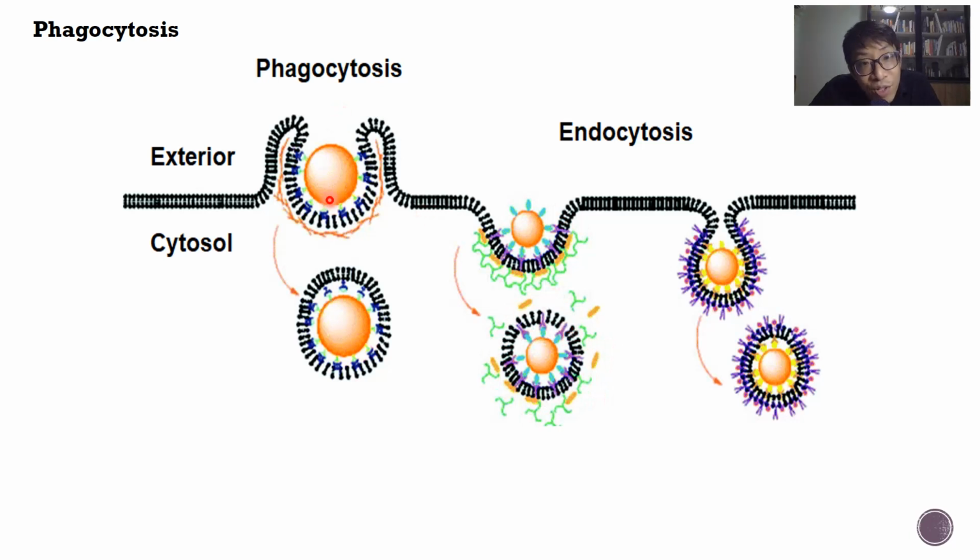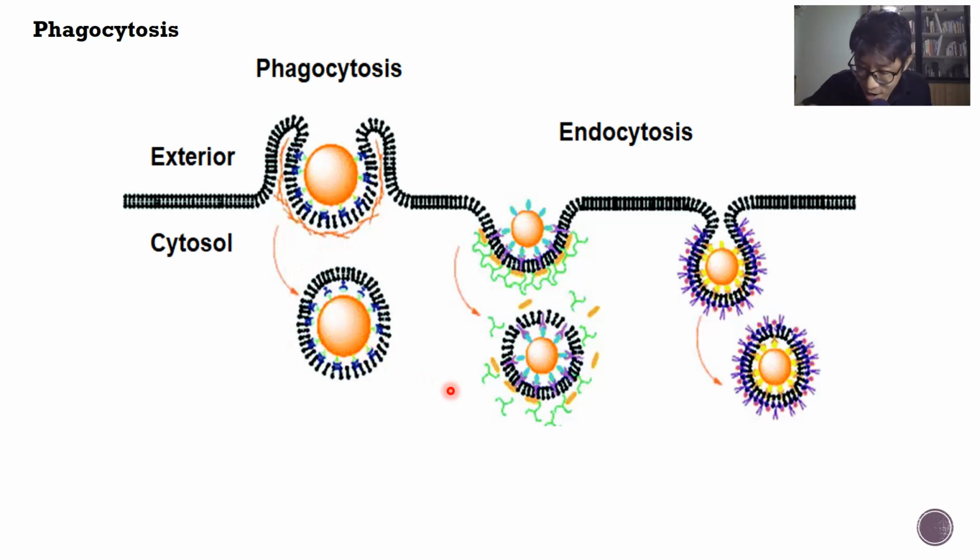For phagocytosis, like we mentioned just now, there is the formation of pseudopodia. The cell surface membrane actually folds or extends out to surround the pathogen. So the process is slightly different, and then to bring in the pathogen, in this phagosome.